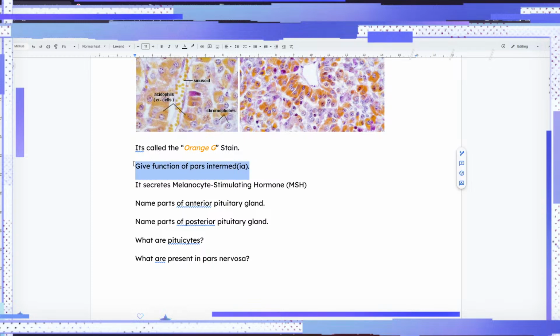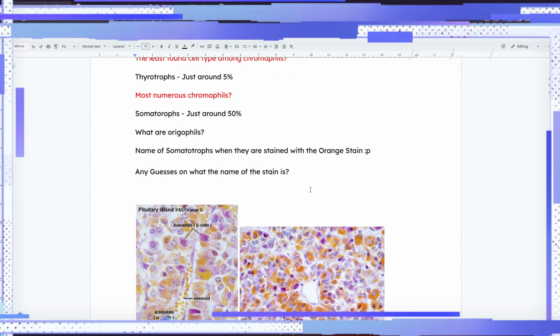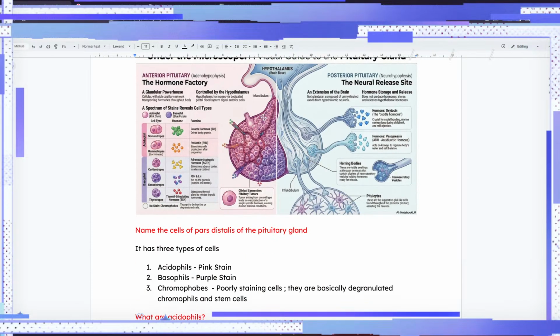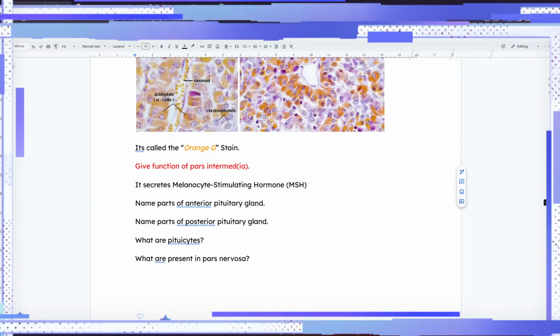It secretes that hormone. Wow, that's so cool. Amazing stuff.